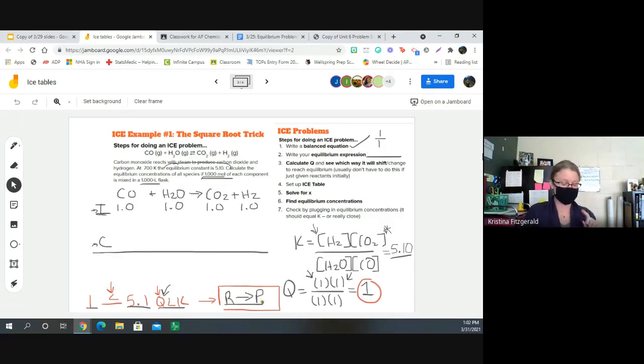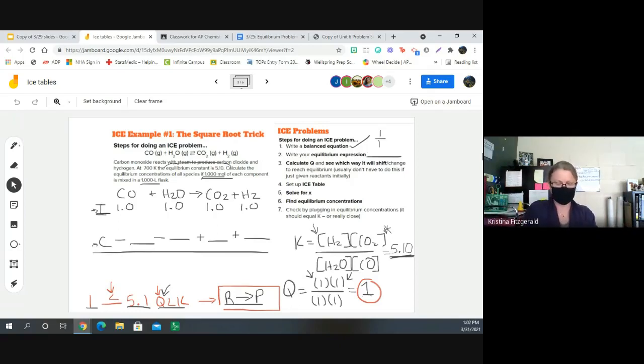So when we write the change, we're going to put subtractions on this side because we're going to minus reactants away to make products. So I'm going to add some kind of number here. Now the problem is I know what the final number is for this equilibrium constant, but I don't know how much stuff is reacting away to get me there because I don't know what the concentrations are yet.